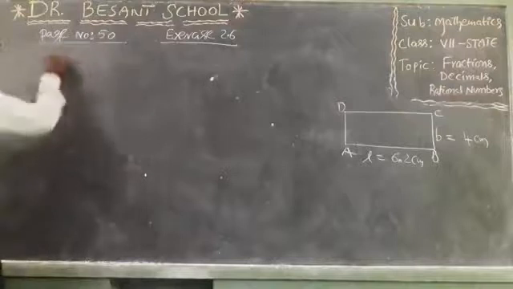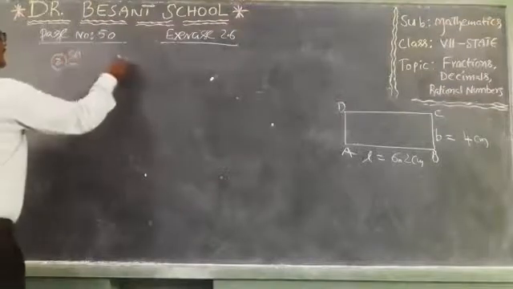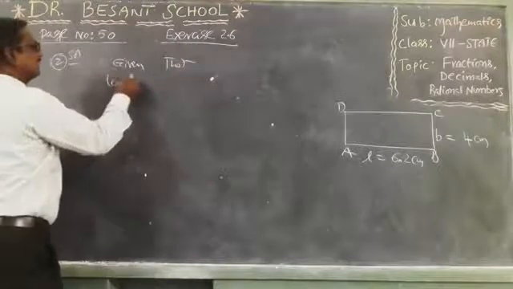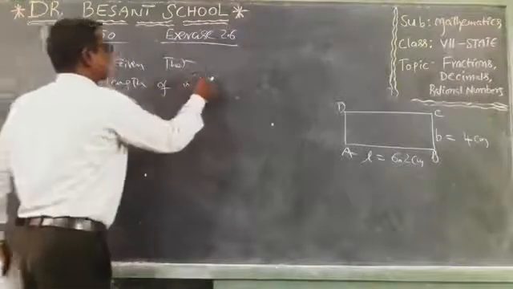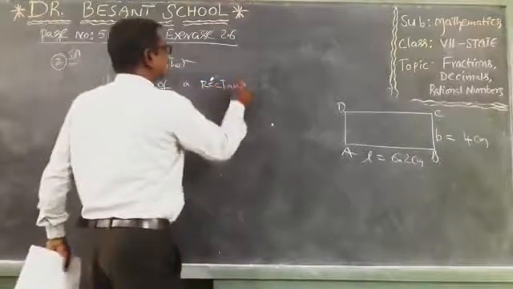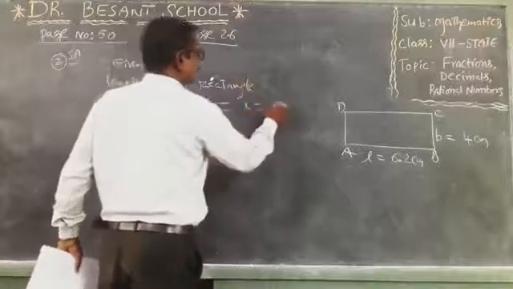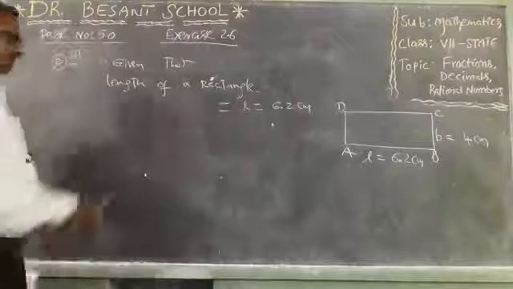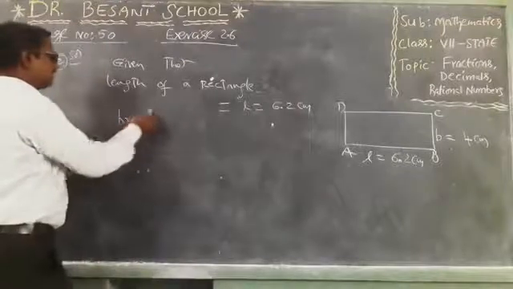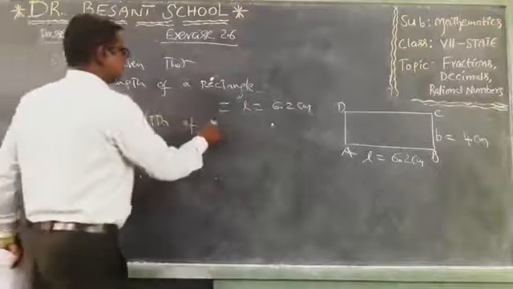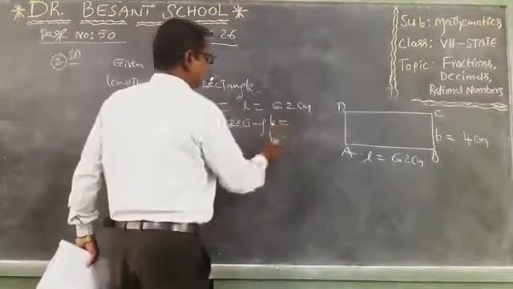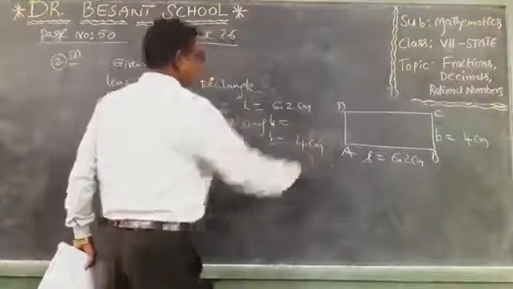Verify, children. Second solution. Given that the length of the rectangle, L, is equal to 6.2 centimeters, and the breadth of the rectangle, B, is equal to 4 centimeters.